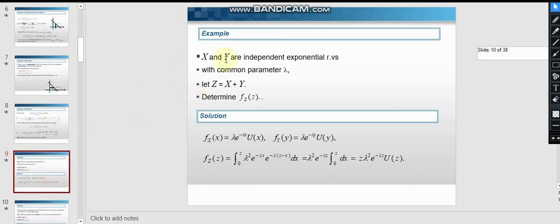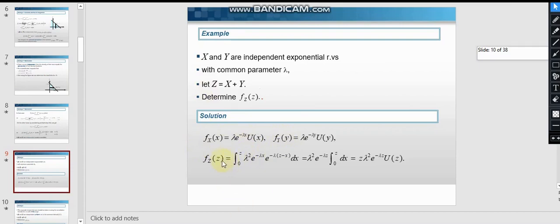Here x and y are independent random variables with common parameter lambda, and the PDFs f sub x and f sub y are exponential functions.